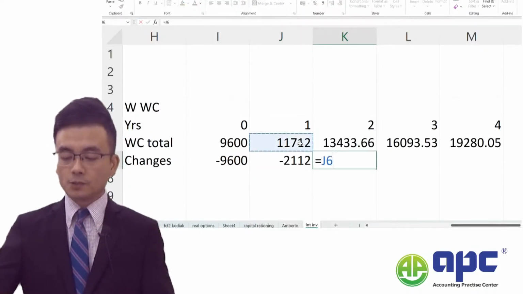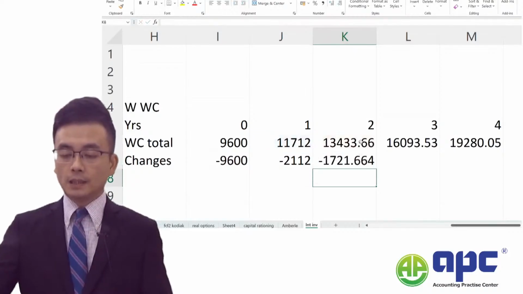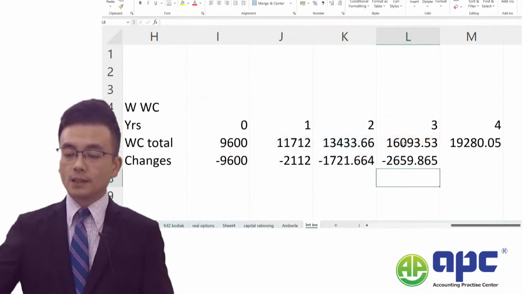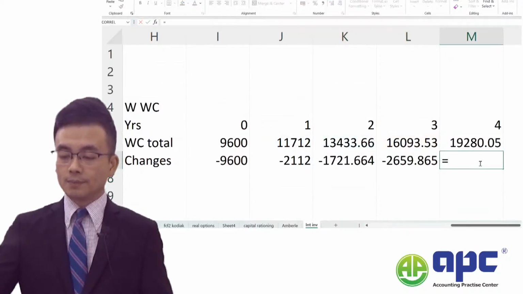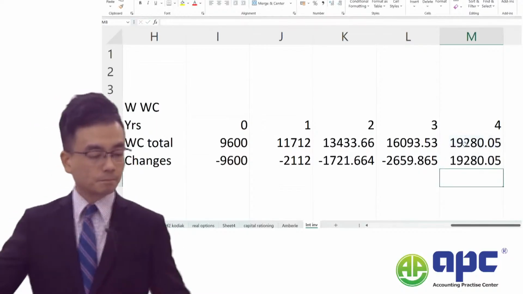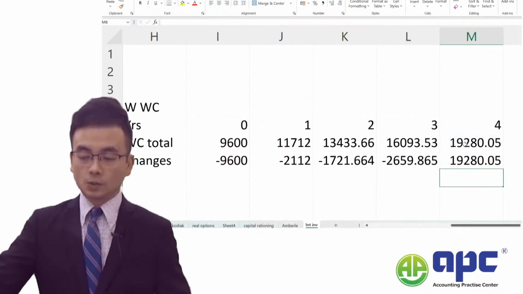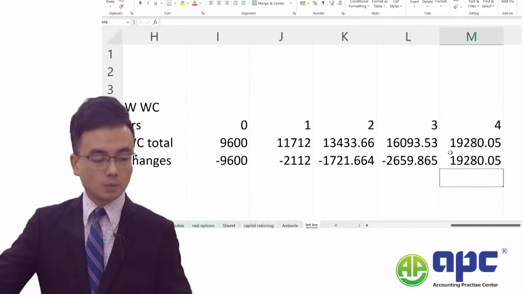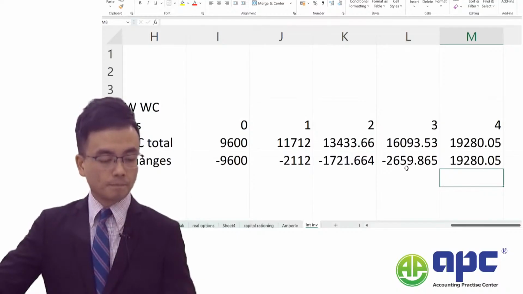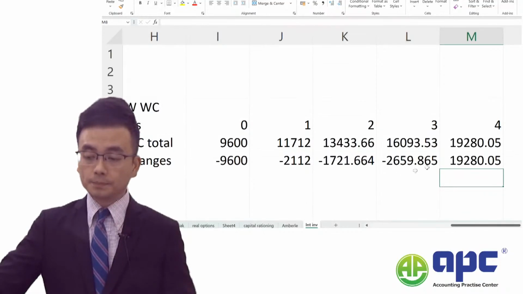Left-hand side minus right-hand side, left-hand side minus right-hand side, and then left-hand side minus right-hand side being 0. Okay, so that's all we can do.